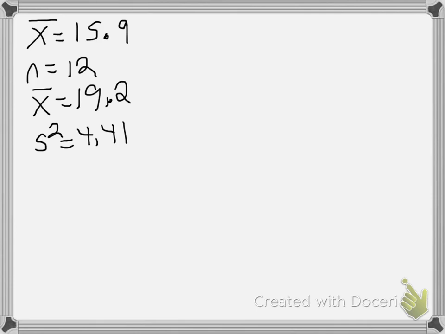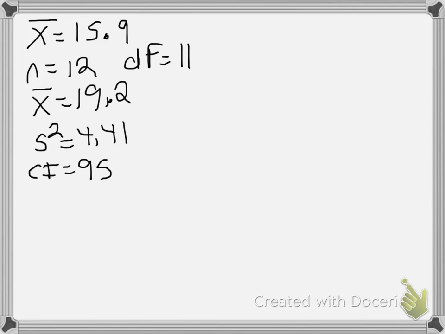Estimate the true mean number of students per teacher with 95% confidence. How does your estimate compare with the national average? So our confidence level equals 95%. Our degrees of freedom is going to equal 11. Now, guys, which one of these averages are we going to use?